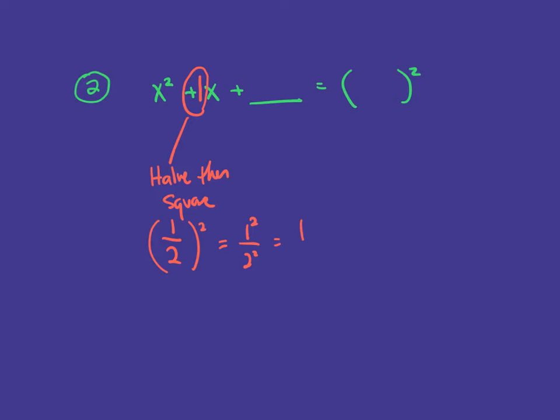So you end up with 1 squared over 2 squared, which is 4. Okay, so this 1/4 goes up in that spot there. And then this positive 1/2, so you can have x and then positive 1/2 in that box there. And that's it for that one.